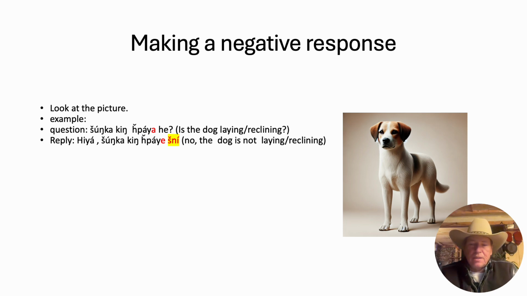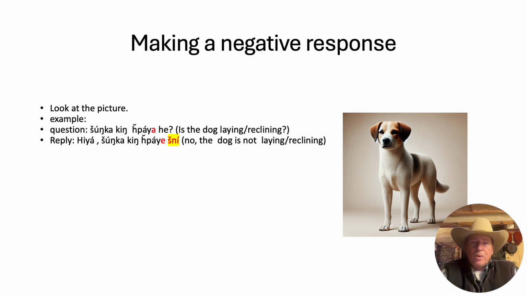They say, no, that dog is not laying down or reclining. So, hiya, no, shunka ki khpaye shni. So they're going to be adding the shni right after khpaye. Khpaye means it is in a laying or reclining position. Khpaye shni, it is not in a laying or reclining position.